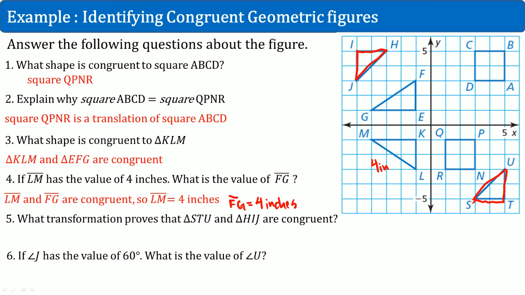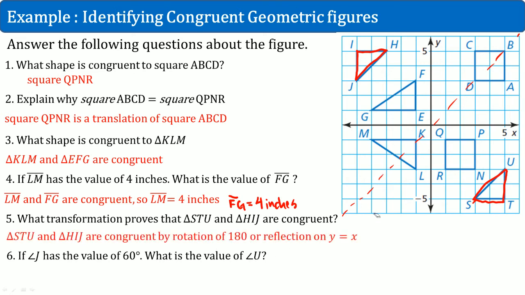Well, there are two things you can say. You can either say it was reflected across this line here. Okay, that's what I said here. Reflection over this line, y equals x. It can either reflect that, or you can say that it was rotated by 180 degrees.